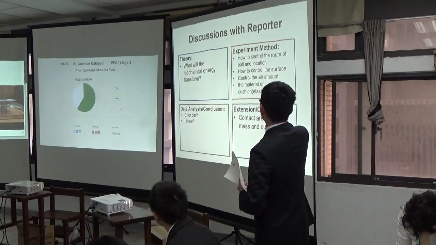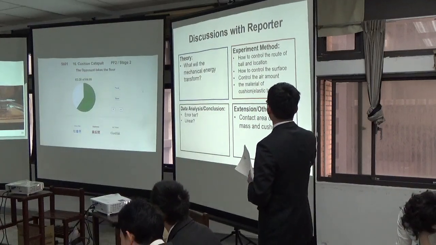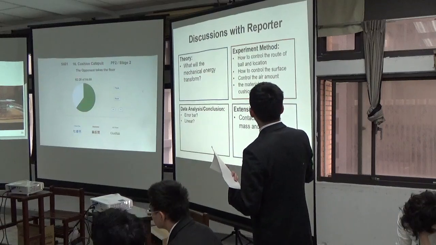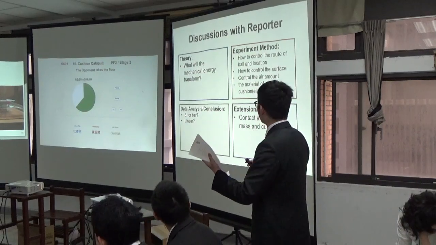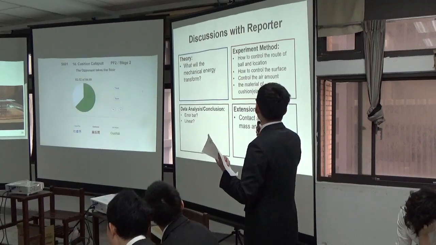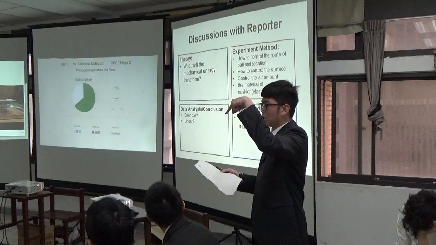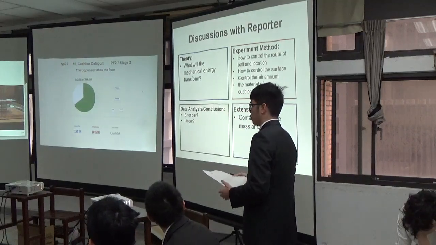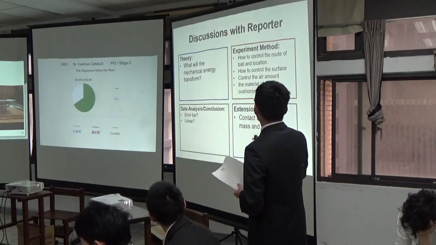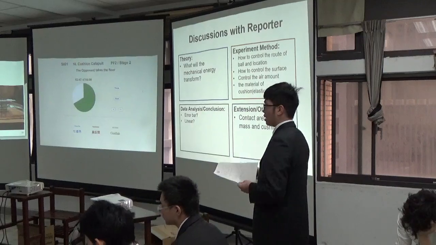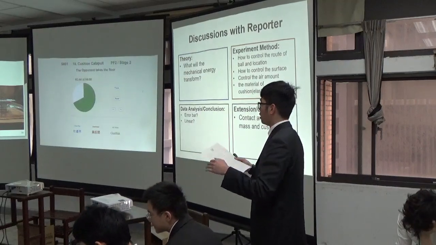And for the experiment method, they didn't mention how to control the release of the ball and its location, because it seems that the ball is still swinging when they release it, which may cause some deviation. Second, how to control the surface of the quotient.